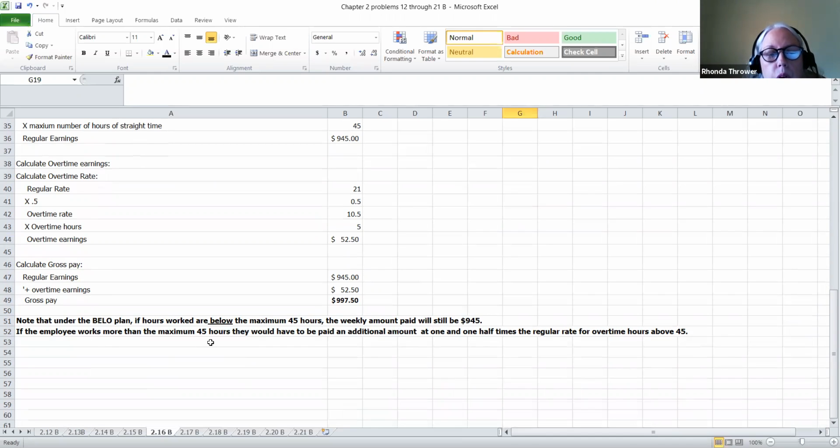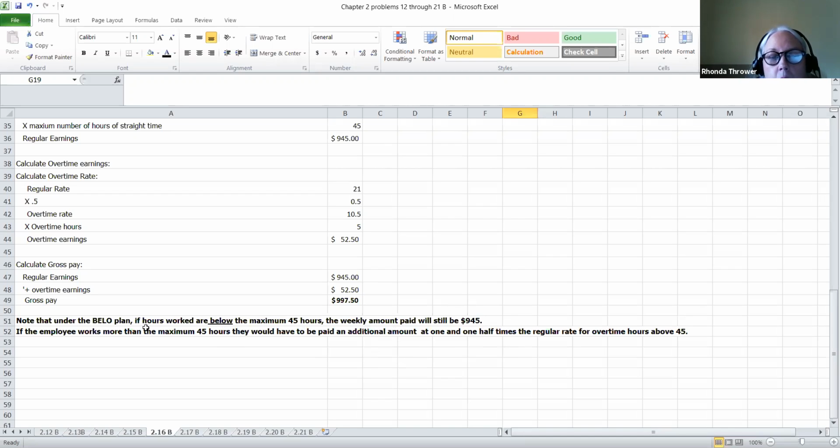If the employee worked more than 45 hours, which they didn't in this case, you'd have to pay them at 1 1/2 times the rate. So what we're saying is the regular earnings are up to the hours worked of 45. Because these people work below that, we still going to pay them the same amount.